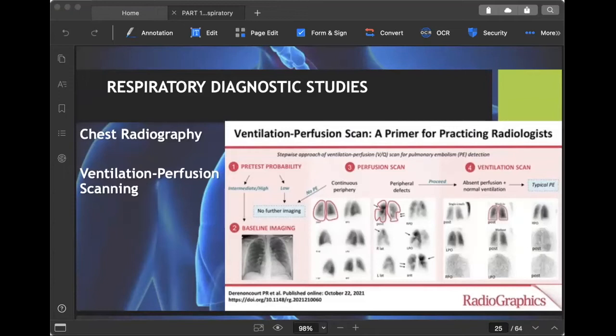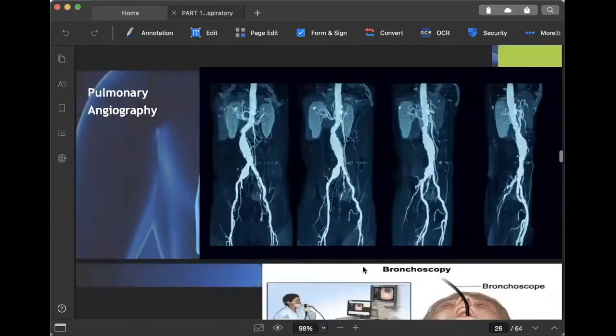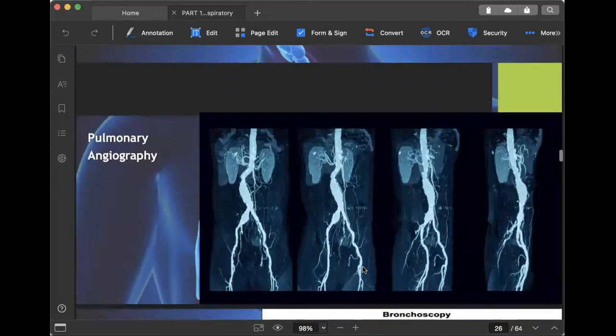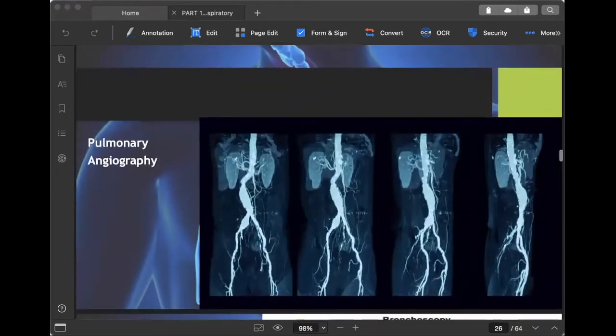So in terms of diagnosing, we have your chest radiography, of course, your chest x-ray. We have your ventilation perfusion scanning, which is under your nuclear imaging tests. How about this one? Pulmonary angiography.